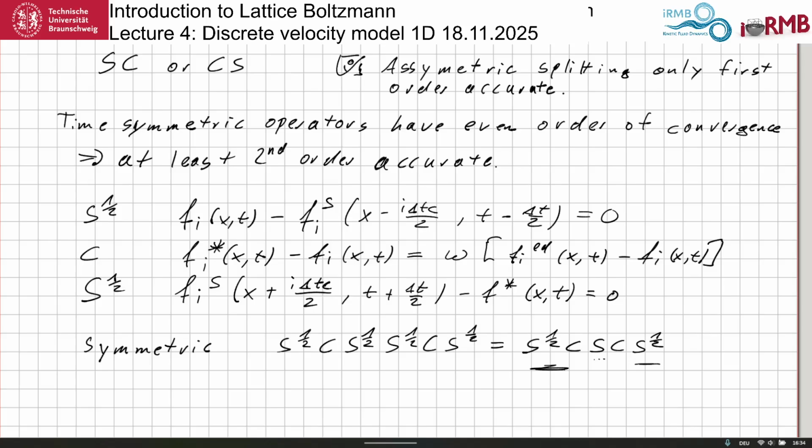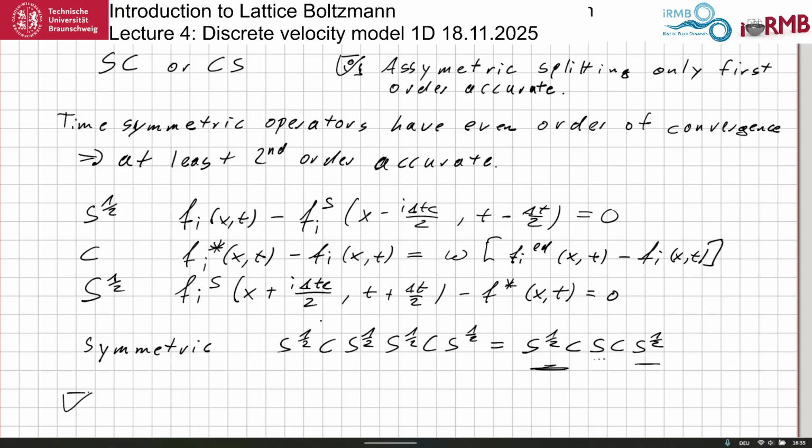So even if this is an error of first order, this error cannot grow. It's just a constant offset, and you actually observe this constant offset if you don't take care of this in the simulations. You have it once at the start and once at the end of the simulation, and everything in between is second order.